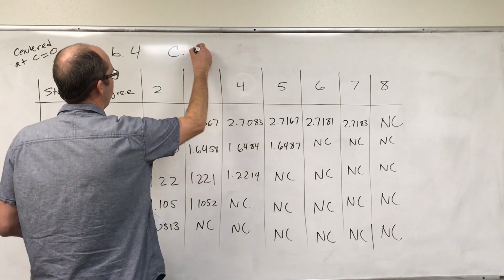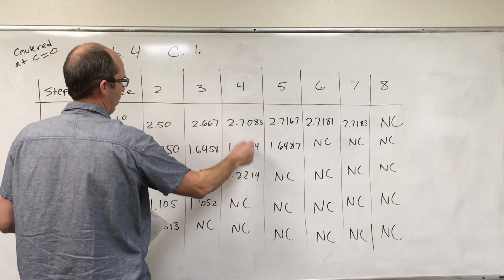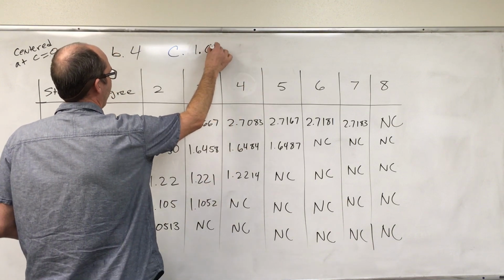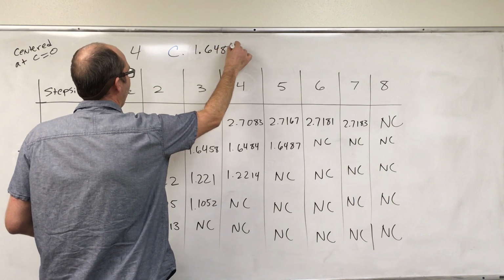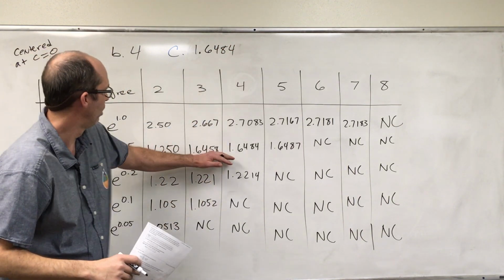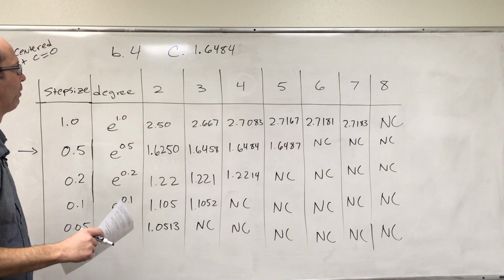So the best approximation you can get is the one that we're using, 1.6484. Right? That's there. Yeah, 1.6484.